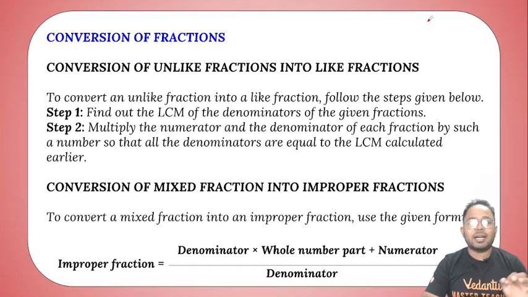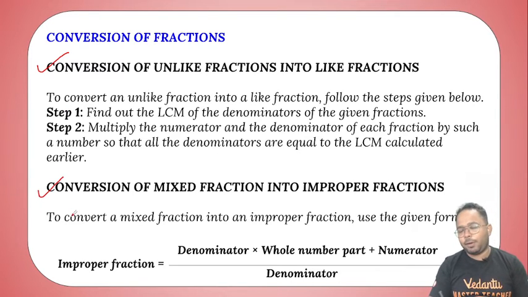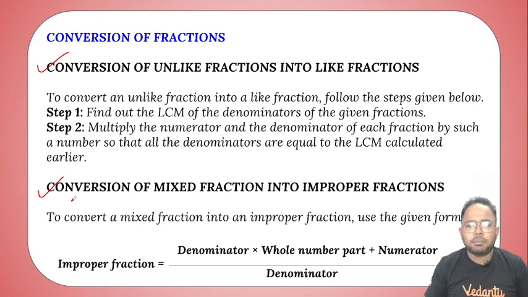Now comes conversion of unlike fractions into like fractions. और फिर देखेंगे दूसरा, conversion of mixed fraction into improper fraction. Yeah, vice versa. So let us first understand conversion of unlike fractions into like fractions.